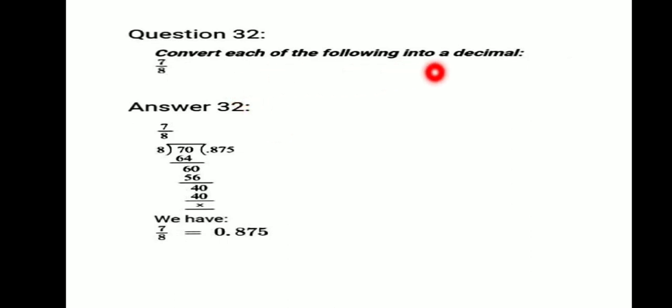Next, question number 32. Convert each of the following into decimal. 7/8. 7 is not divisible by 8, so we have to put a point and include a 0 in 7. Now it is 70, and 8 times 8 is 64 and the remainder is 6. We can include a 0 as we already put a point here.